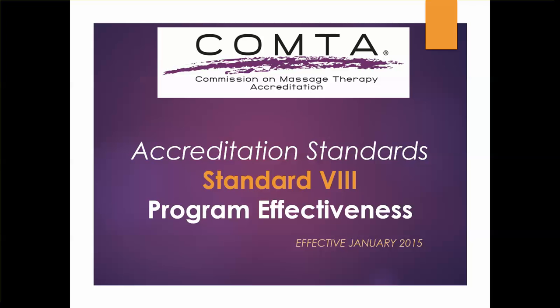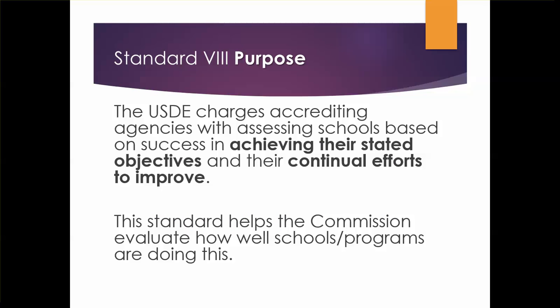We're going to spend a little bit more time on this standard because it has a lot of important information and is a new way of organizing some of the old standards and including some new ones as well. The purpose of looking at program effectiveness is that the United States Department of Education actually charges accrediting agencies with assessing schools based on success in achieving their stated objectives and continual efforts to improve.